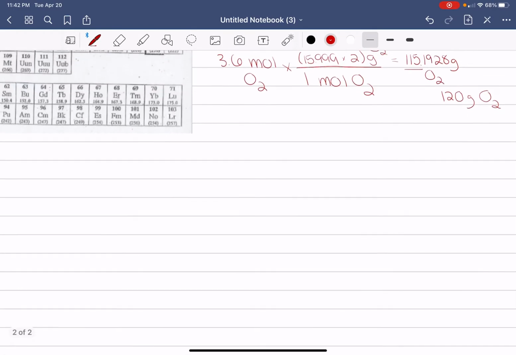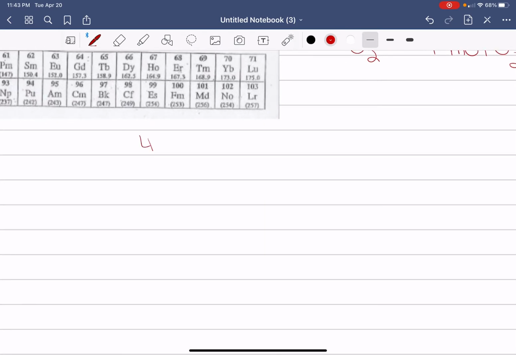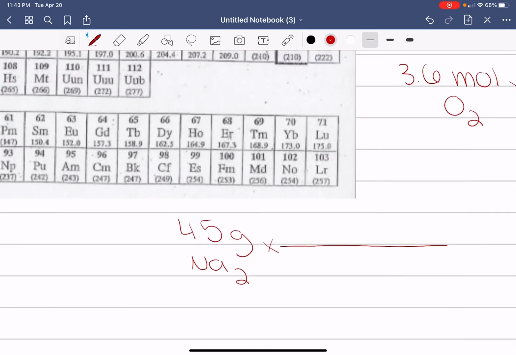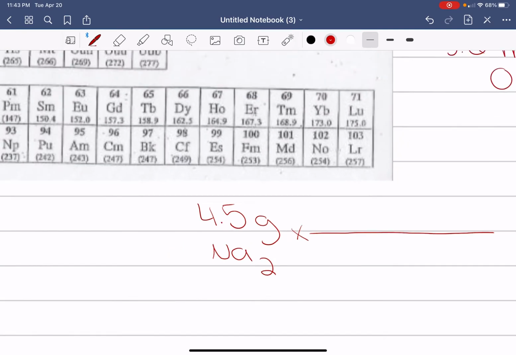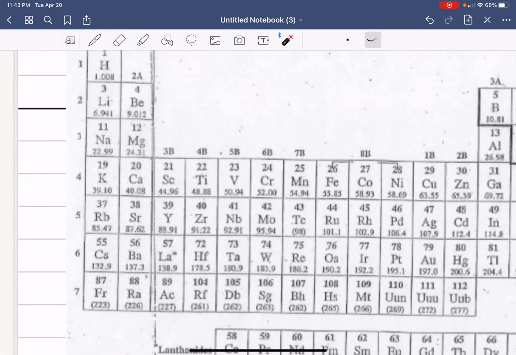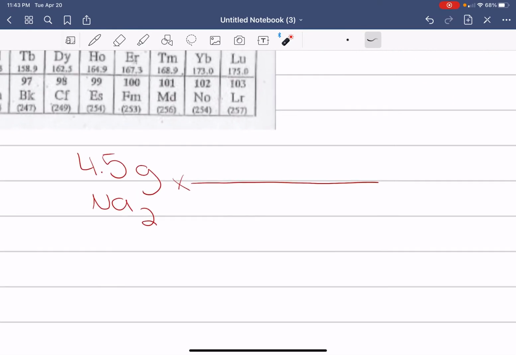Our next example will be converting 4.5 grams of Na2. So for this you would want to go grams to moles, so you would want to cancel out grams first. And sodium is 22.99 grams.